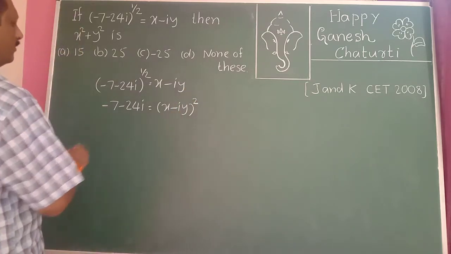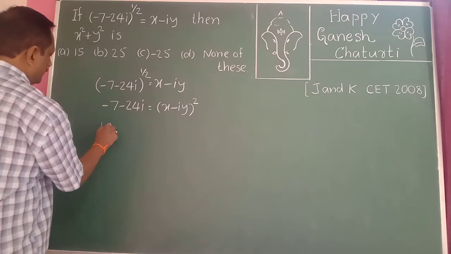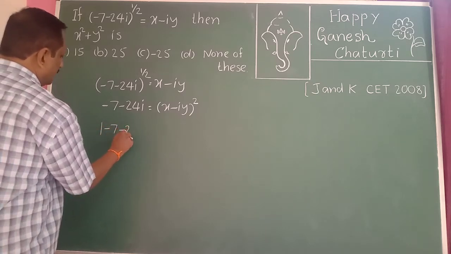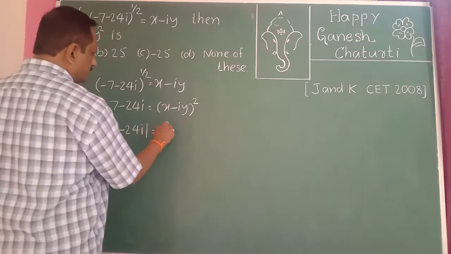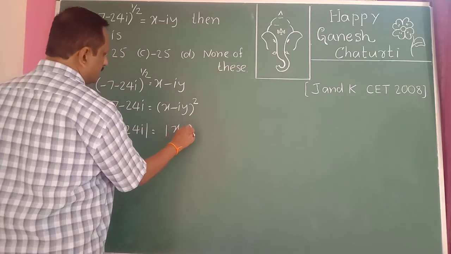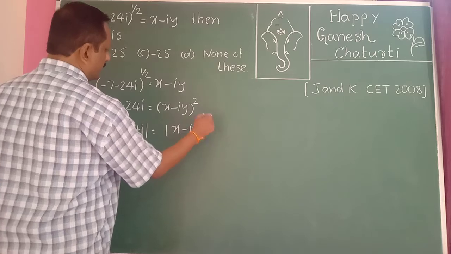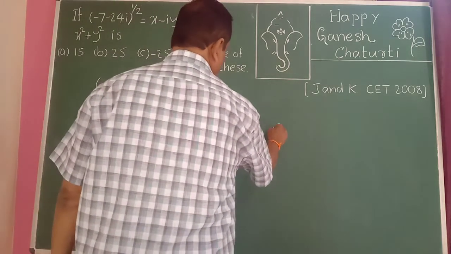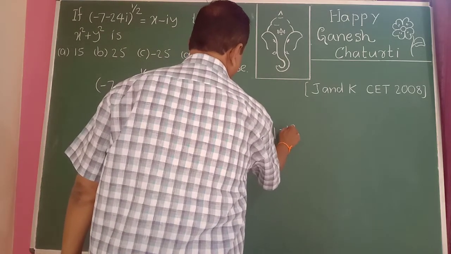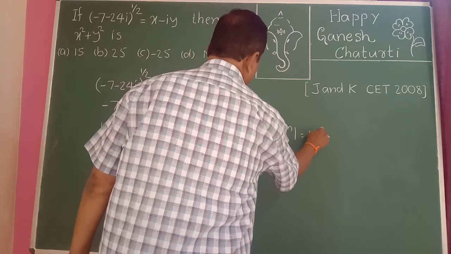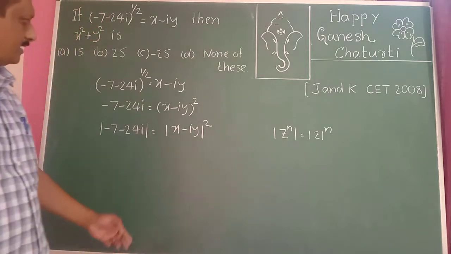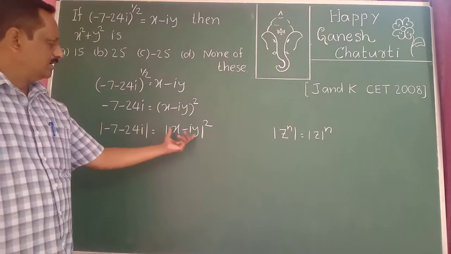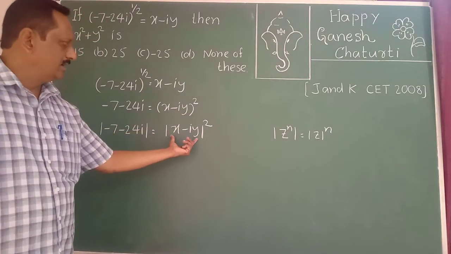Then taking the modulus on both sides: modulus of minus 7 minus 24i is equal to modulus of (x minus i into y) whole square, because there is a formula: modulus of z raised to n is equal to modulus of z raised to n. Hence modulus of this means modulus of x minus i into y, whole square.